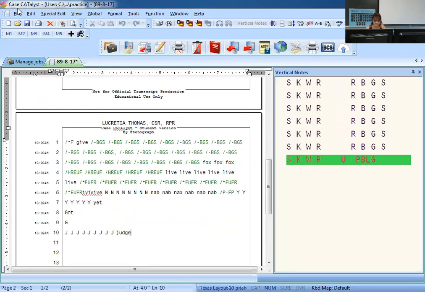And so I'm just going to dictate some of these letters. I won't go too fast. I want you all to write them on your machine. And remember, N is now TPH, Y is now KWR, G is now TKPW, J is now SKWR. And here we go.